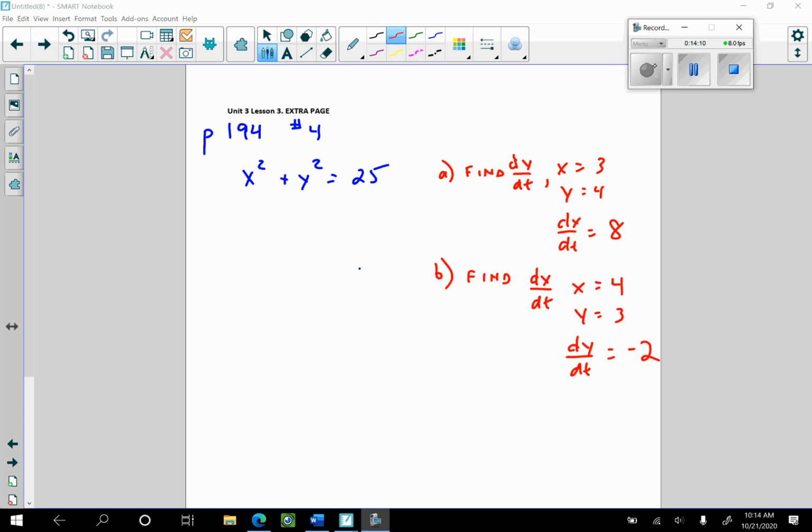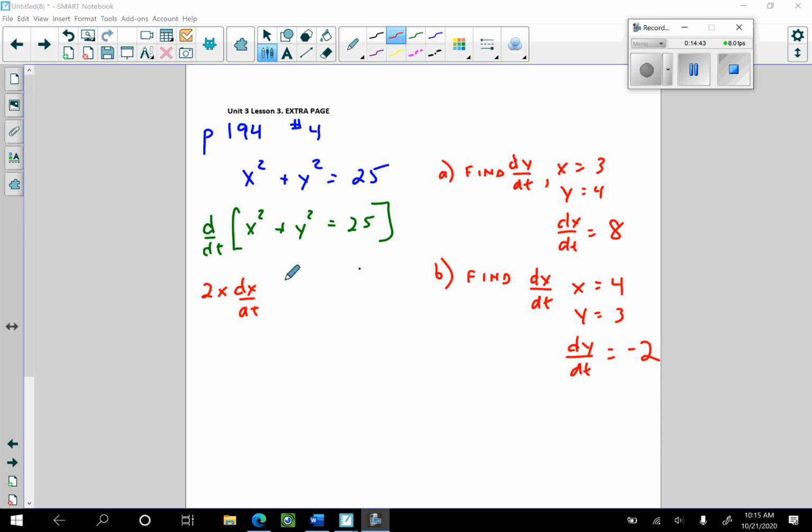Okay, so all we're going to need to do for A and B both is to d/dt it one time. So let's d/dt everything one time. The derivative of x squared with respect to t is 2x dx dt.